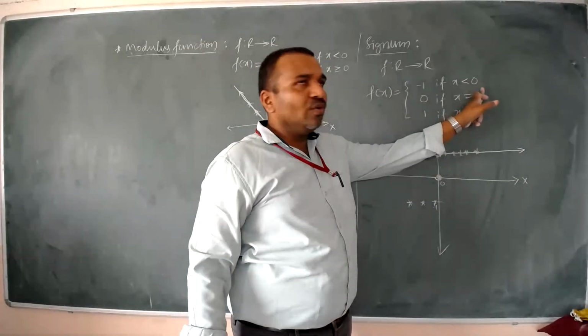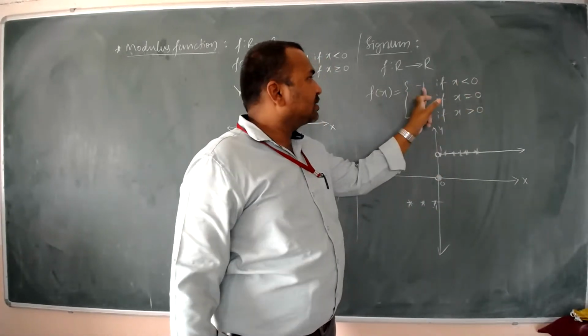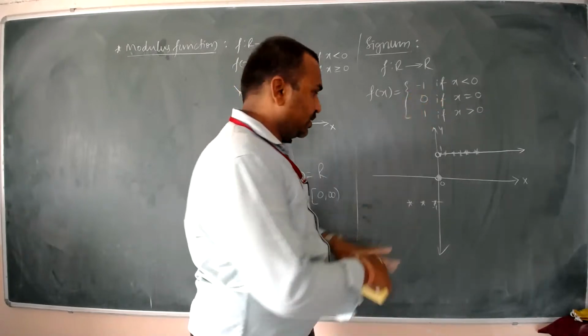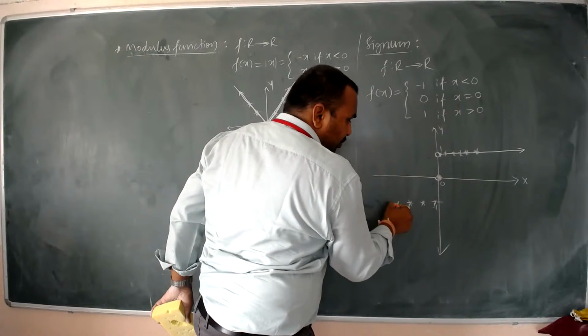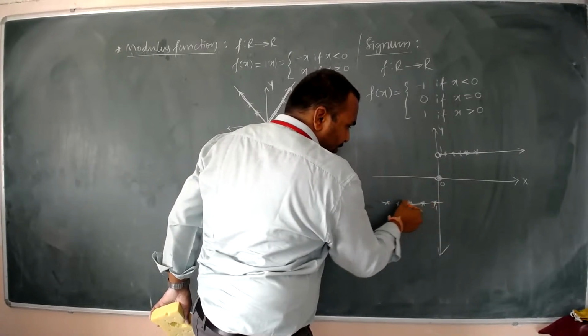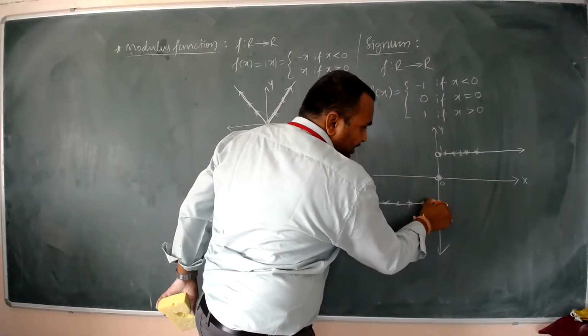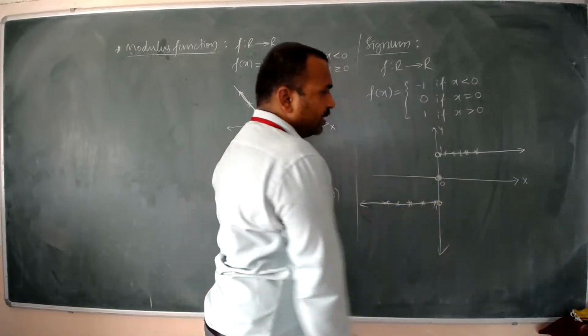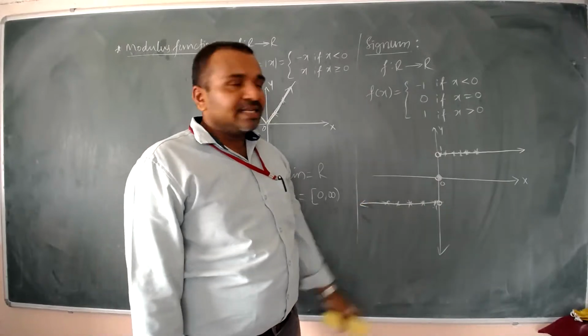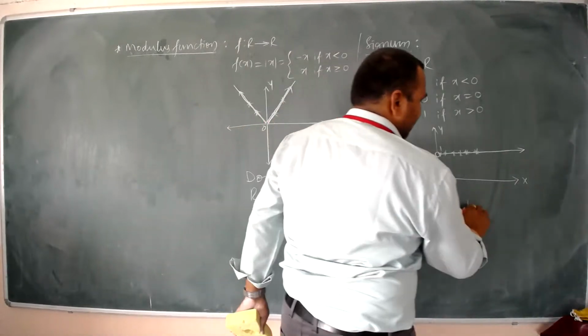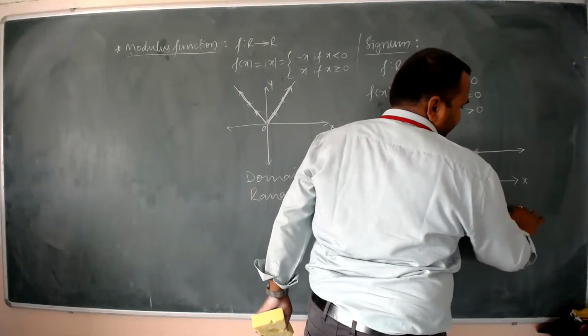For every negative value of x, f of x is minus 1. So it cannot touch the origin here either, and we keep it open. This is the graph of the signum function.